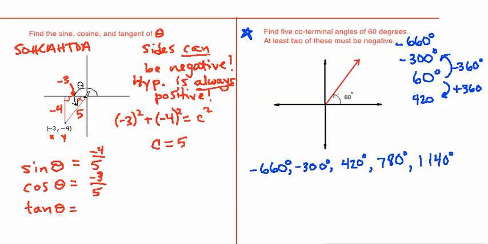And finally, tangent is going to be -4 over -3. Well, a negative divided by a negative is a positive, so this is 4/3. All right, so to wrap up, if you want to find sine, cosine, and tangent of any angle in the standard position, you would need to draw a triangle in and find the sine, cosine, and tangent of that triangle, and then you'll have your answers.